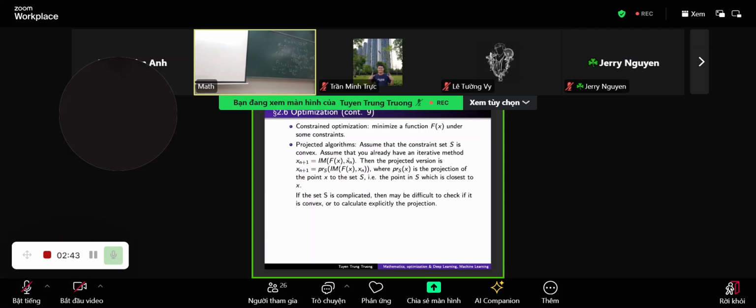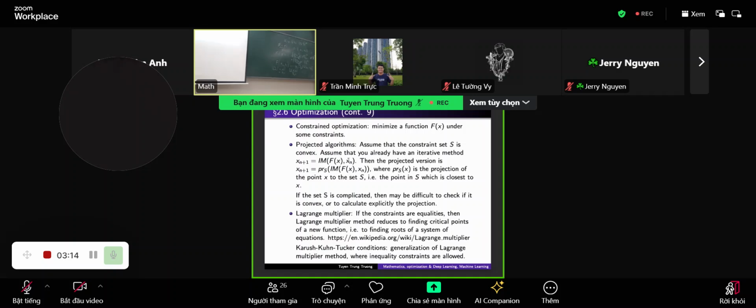And also, even if it works, it might not be easy to compute this projection, because if the formulas that define your constraint are very complicated, then it may be difficult to compute. Or even to check a set is convex, if it is defined by some functions, some inequalities, maybe it is not easy to check if it's convex or not.